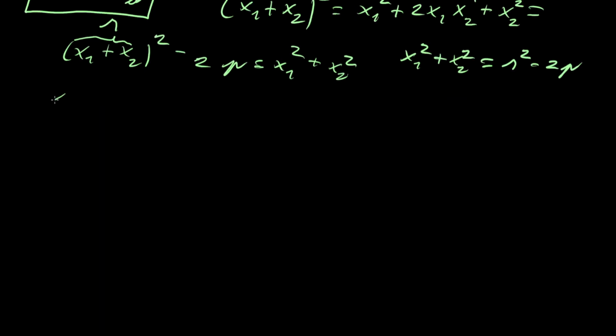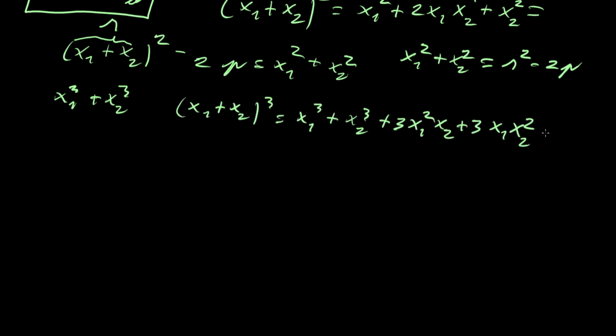What happens if you try to calculate x1 to the third power plus x2 to the third power? Well, we can use the same idea, so I will write it up. Okay, I've used Pascal's triangle here. I will make a video on that. It's really useful when you're working with polynomials.